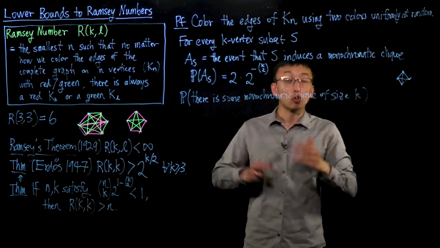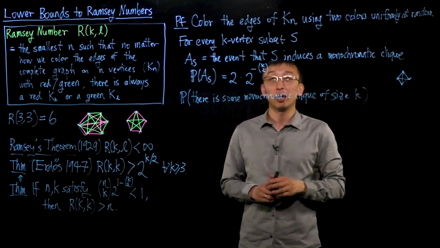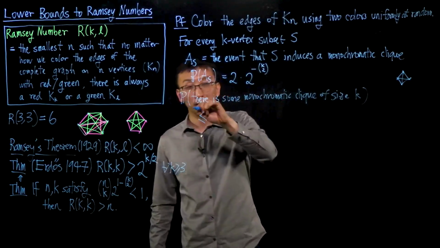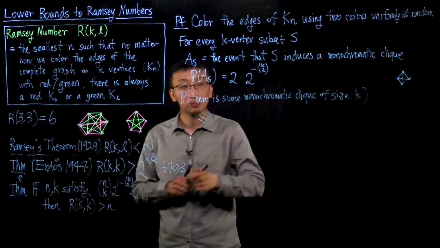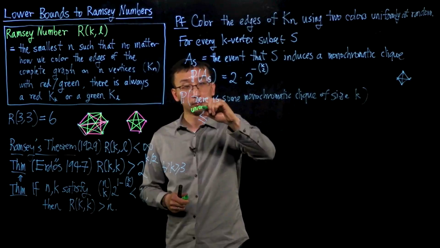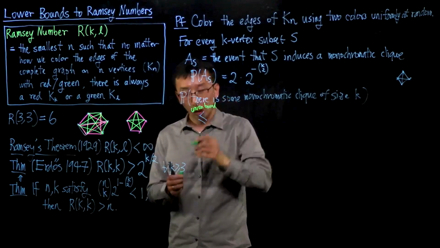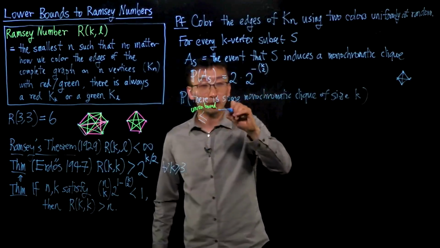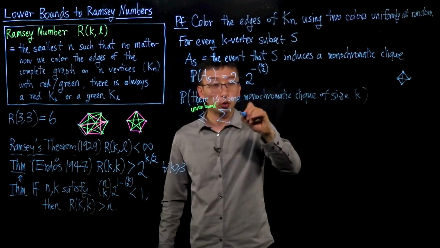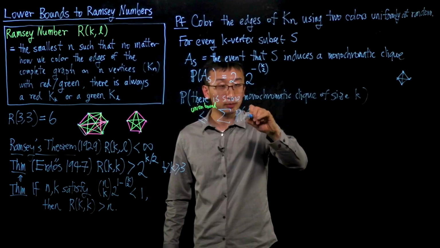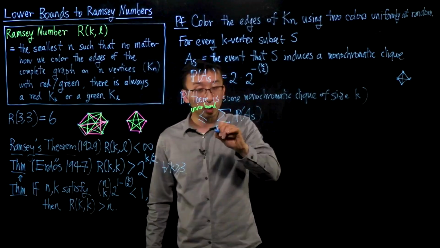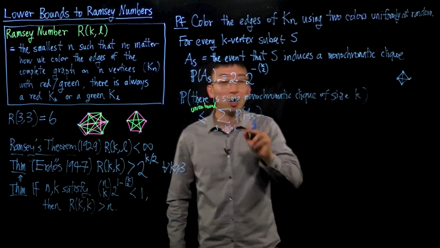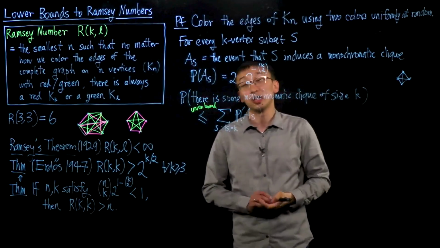Well, if there's some monochromatic clique of size k, then it must be one of the S's. So we can do what's called a union bound, to upper bound this probability by the sum of the individual event probabilities. So summing over all subsets S of the vertices with size exactly k of the probability that A sub S, this event, occurs.